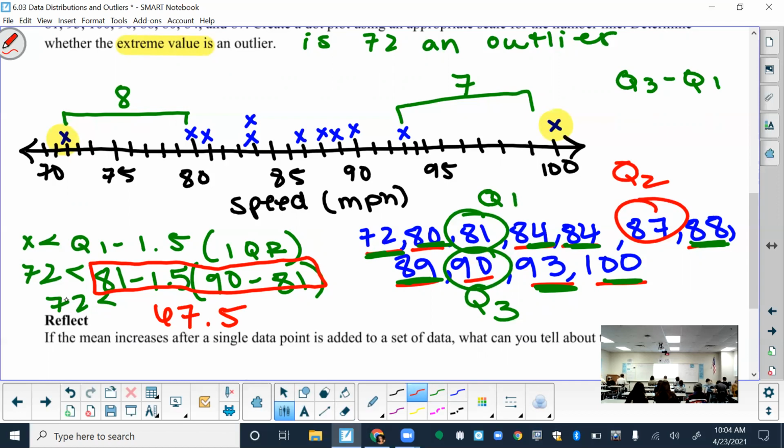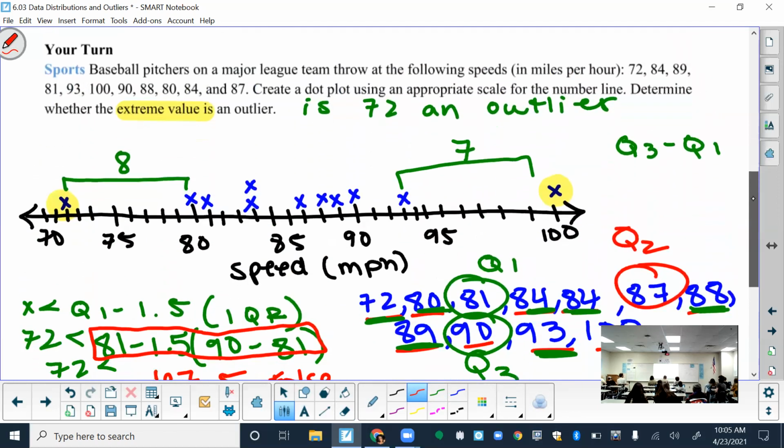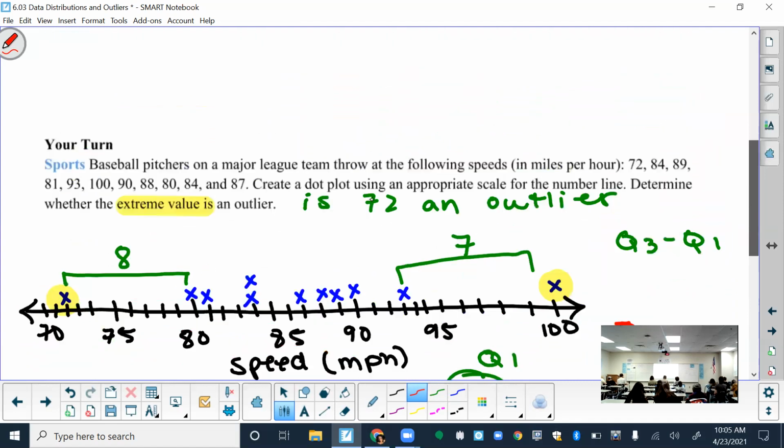So is 72 less than 67.5? So this is a false statement. So is 72 an outlier? No. Good. For it to be an outlier, it would have to be smaller than the 67.5.